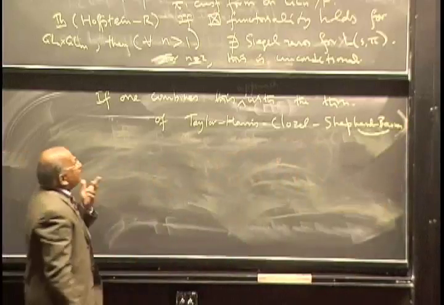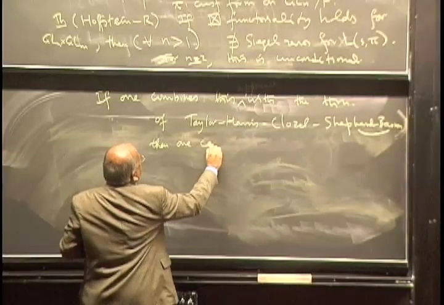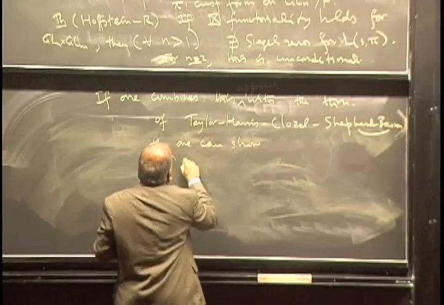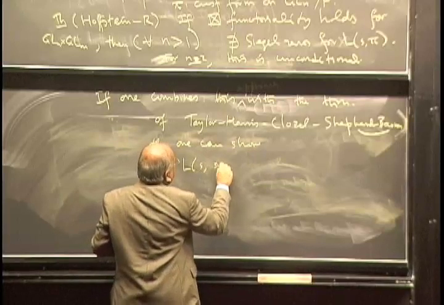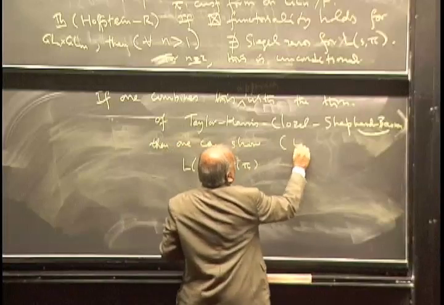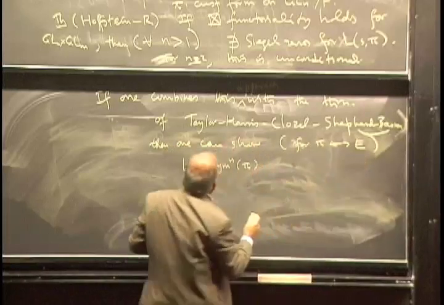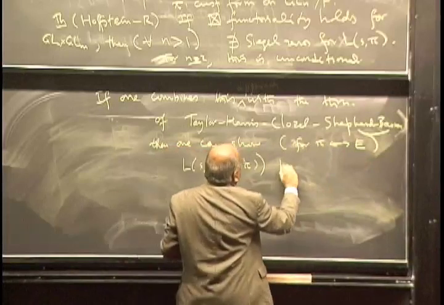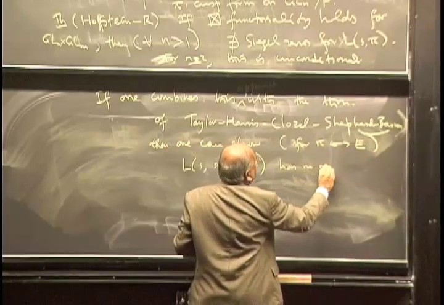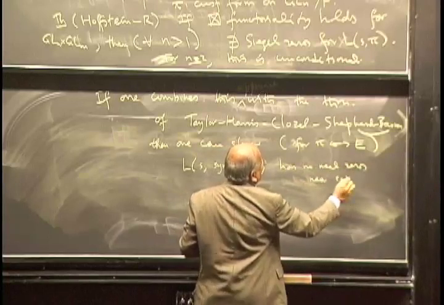Okay, so if you combine them, then one can show that if you take just this Sym n of such a pi, remember, for pi attached to an elliptic curve, you could prove that this thing here has no real zero near s equals 1.